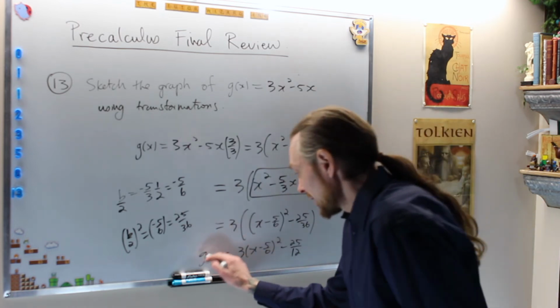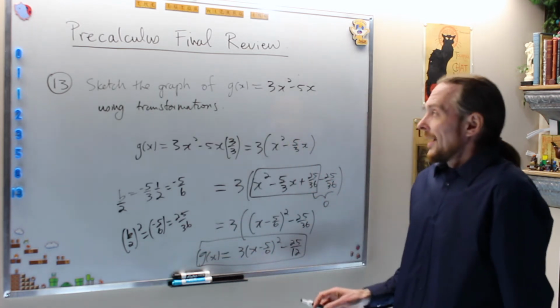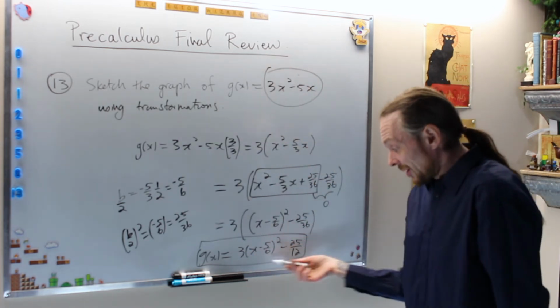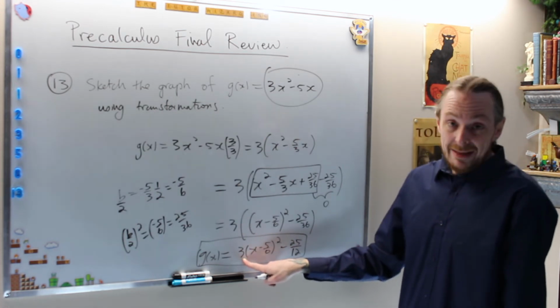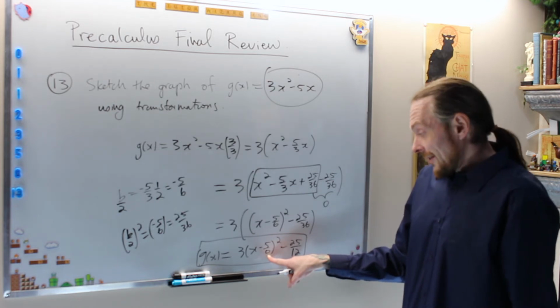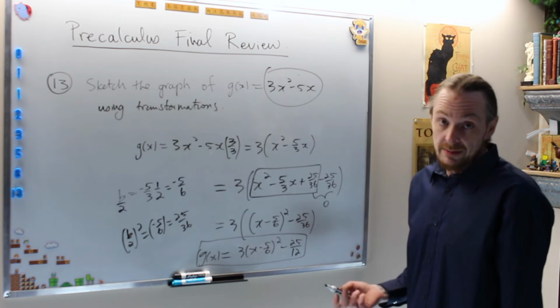So this is g of x. I can't tell what the transformations are in this form, but once I complete the square and put it in standard form, I see that we have vertical stretch by 3, then shift left or right 5 over 6 units, and down 25 over 12 units.